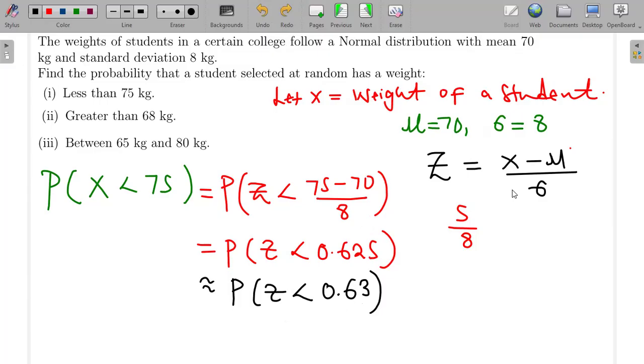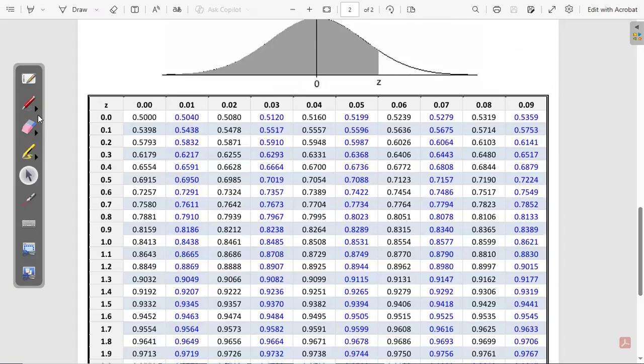So now let's check out the z distribution table. We want to find the probability that z is less than 0.63. The first 2 digits, I always find in the first column here, and the last digit you write as 0.0 and then the last number, so that one will just be 0.03, which you find in the first row here.